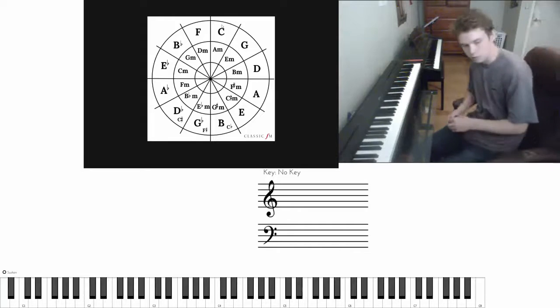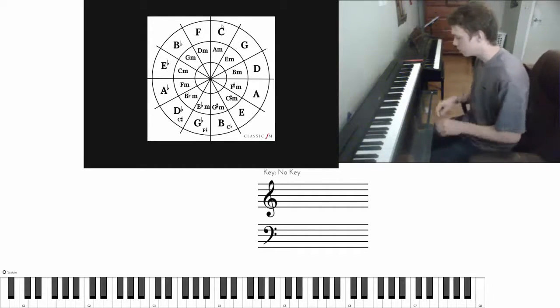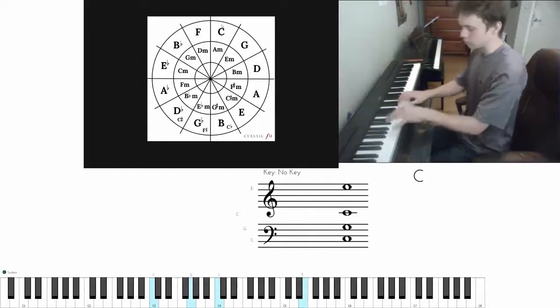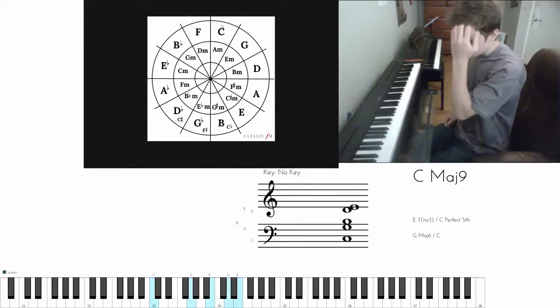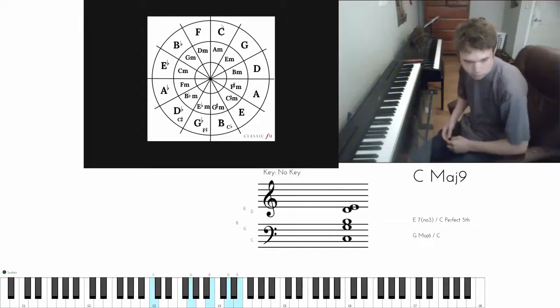So one thing that you can do is, if you're in C major and you're just hanging out there and you're going 4, 5, 1, you've got stuff going on, you can use modal mixture.